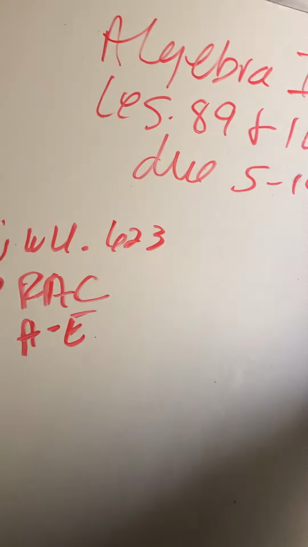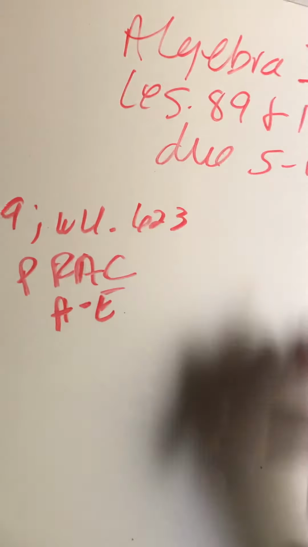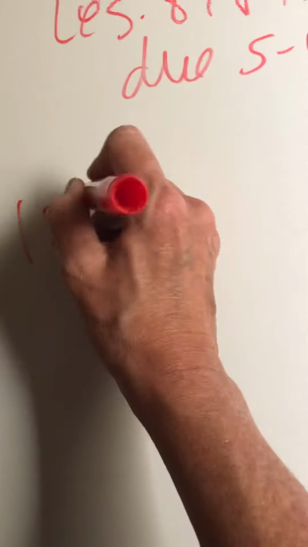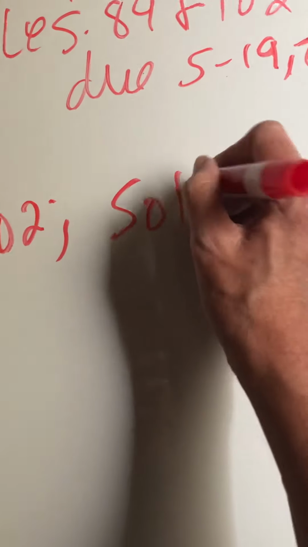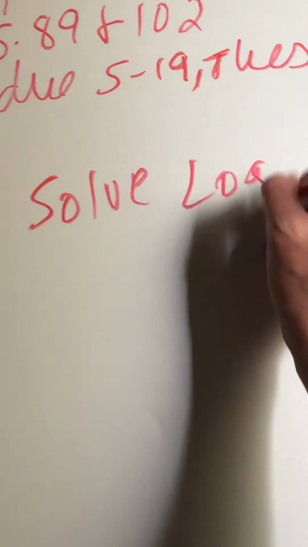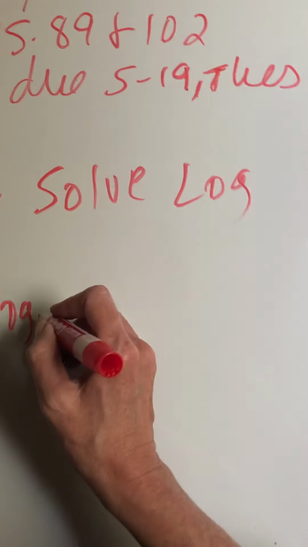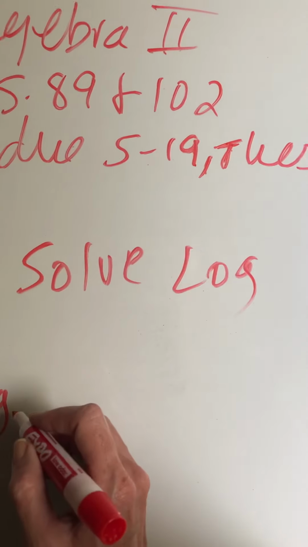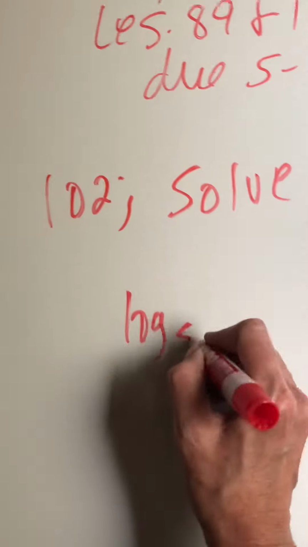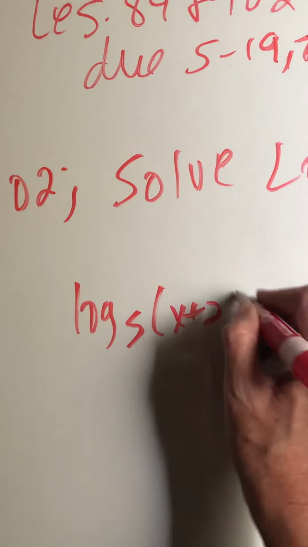Okay? Now for lesson 102. Lesson 102 are those log problems, like I showed you on the review, those really easy log problems. So in lesson 102, you're just solving log equations, like log base 5 of x plus 2 equals 3.